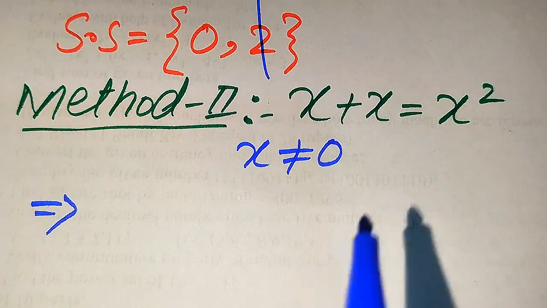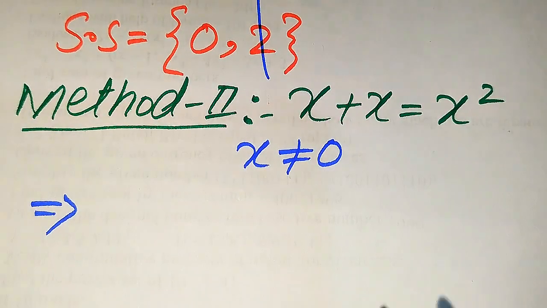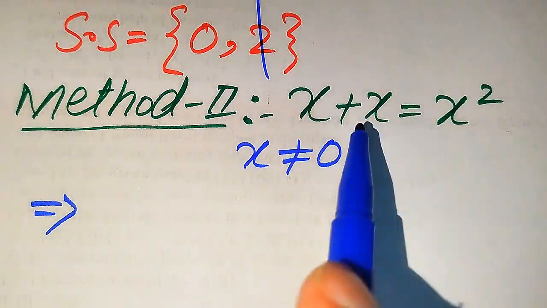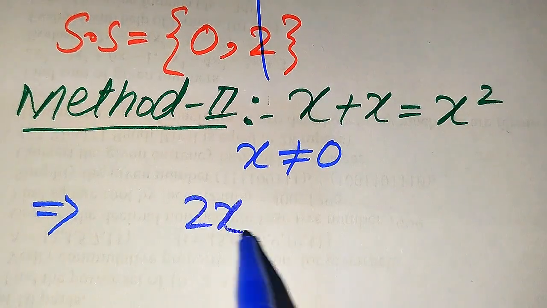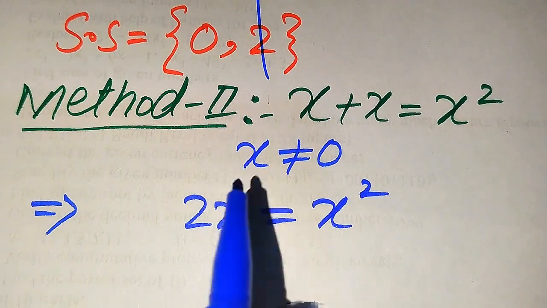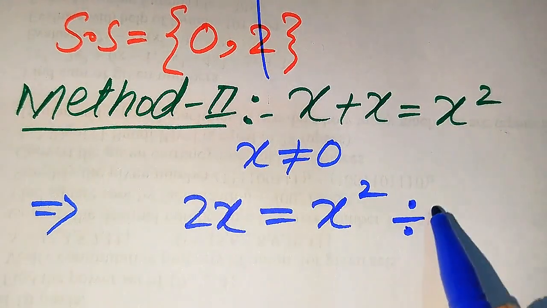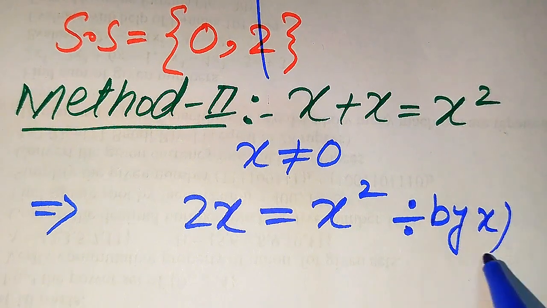First we do the same step as in the first method, and we have x plus x is equal to 2x is equal to x square. Because x is not equal to 0, we divide both sides by x.